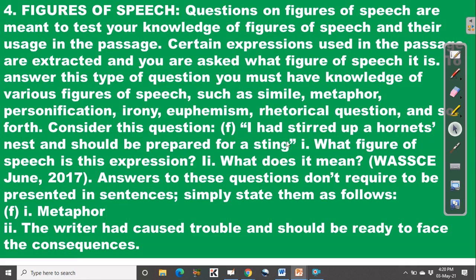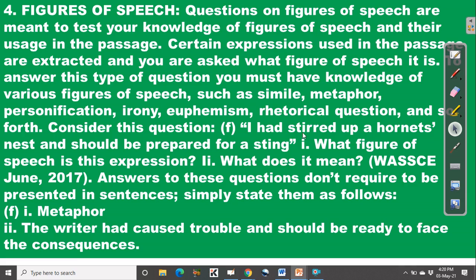If you look at the sentence here, "I have stirred up a hornet's nest and should be prepared for its sting," you have to think of the kind of image it creates in your mind. And again, you have to understand that it is a human experience that is being narrated here.